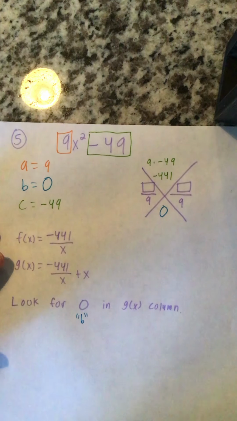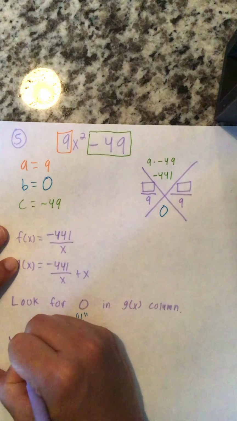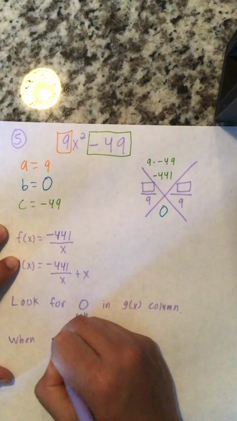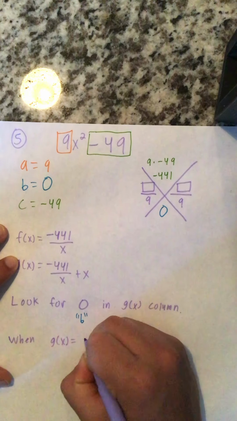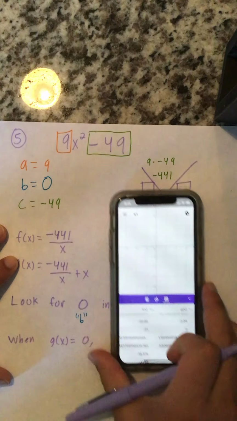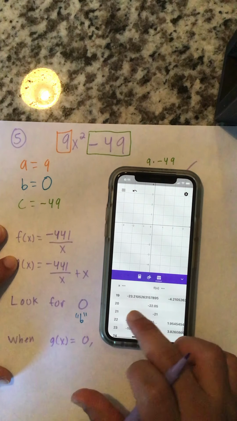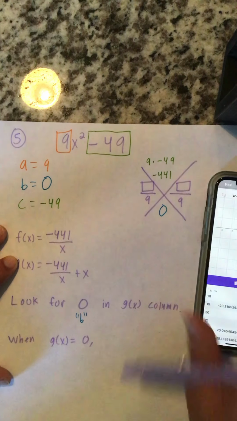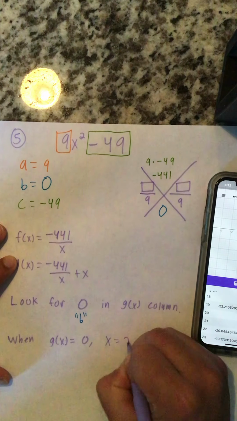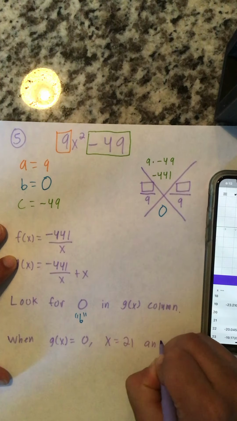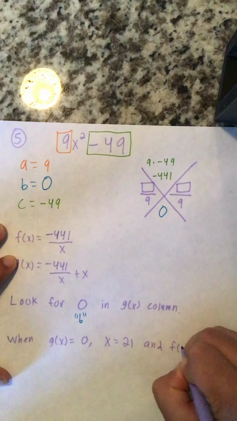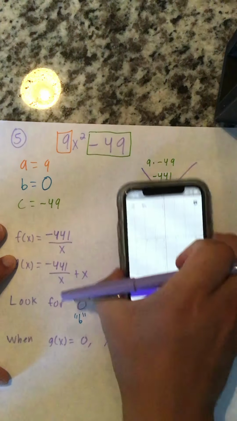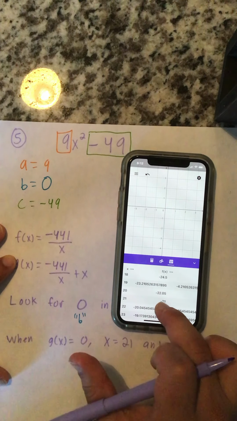So let me start to write my sentence. So when g of x equals 0, x equals 21, and f of x equals negative 21.